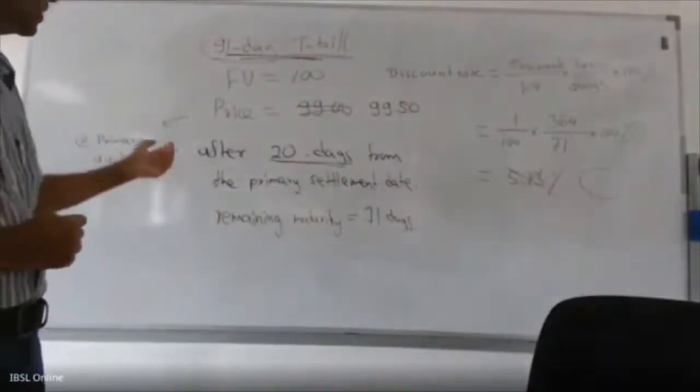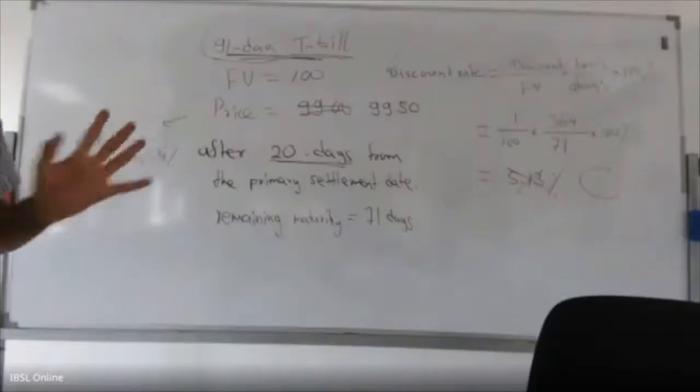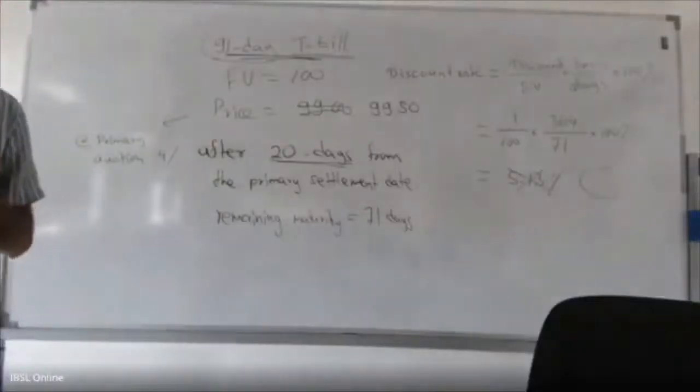5.13 and 4%. Absolute amount, 1 rupee, yes. So even at 4% or 5.13, the return is the same. Return in absolute terms is the same.